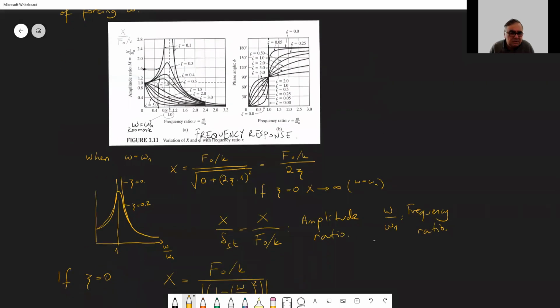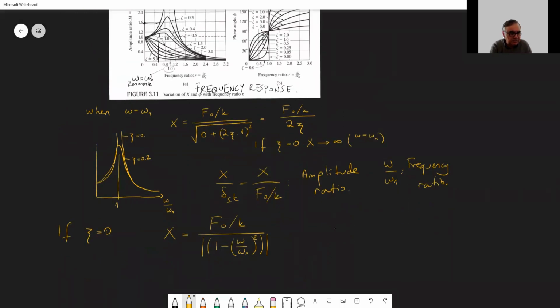But what is the tangent inverse of 0? It can have two values, and it's the following. Phi is equal to 0 when omega is less than omega n, or it is equal to 180 degrees when omega is greater than omega n.